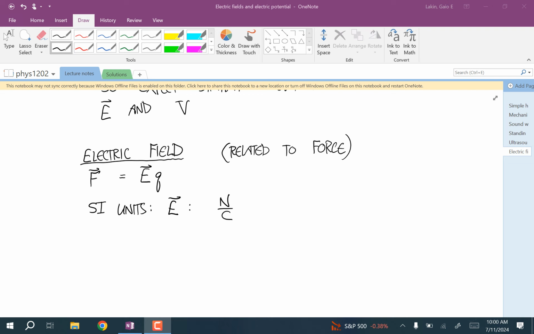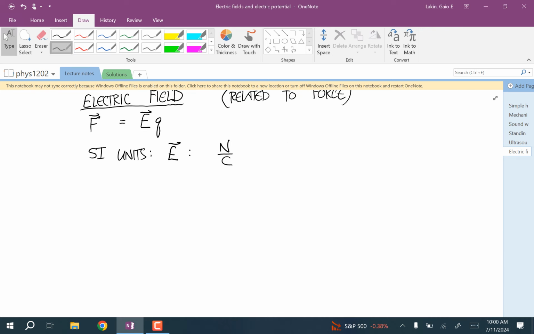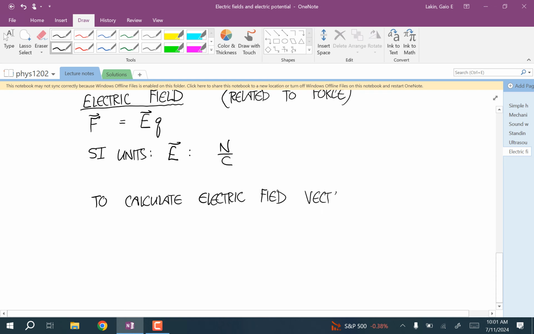And for now, the only calculation that you're going to need to do to figure out the electric field is to calculate the electric field vector due to a fixed charge in space.